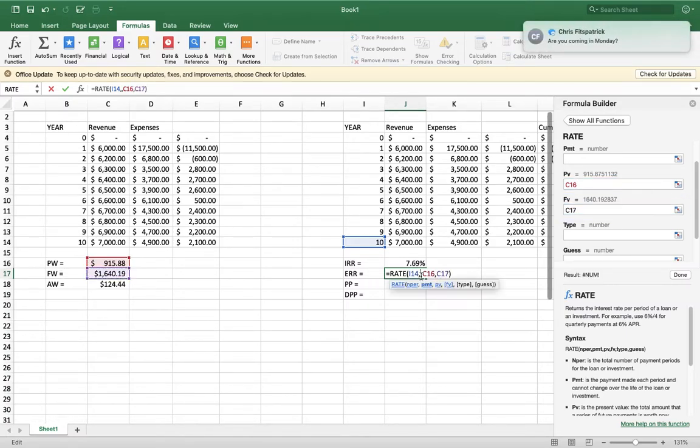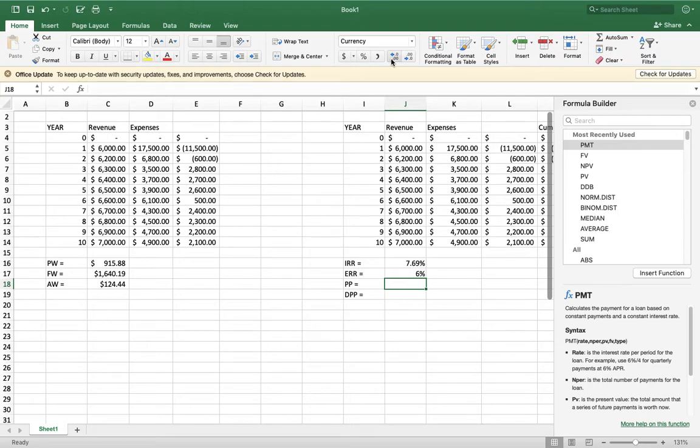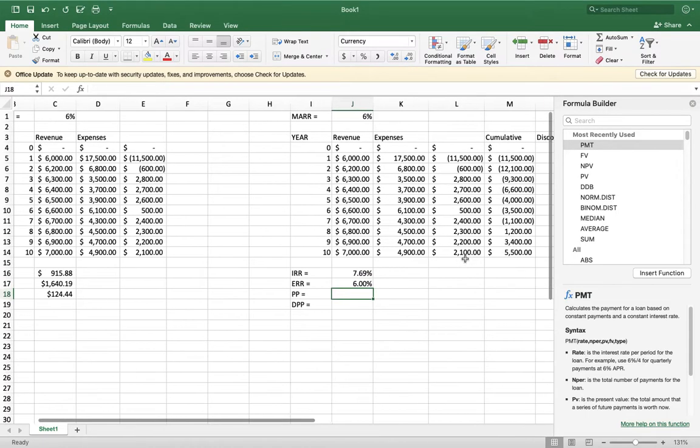And if I'm not mistaken, I think that this value needs to be negative. And again, there's our value. I'll put that out to a couple more decimal points. And it's 6 flat, so we have exactly 6%.